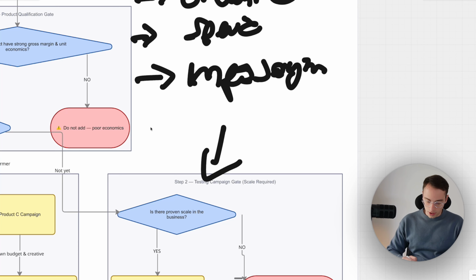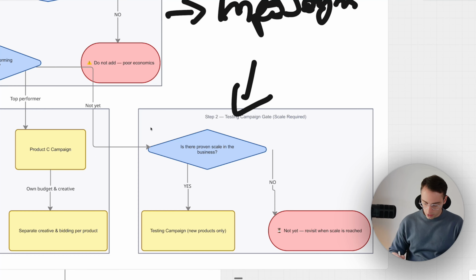It's really important to stress that. When we add the creative testing campaign, it's super important, because so far we had one testing campaign for the hero product, where we tested different concepts.